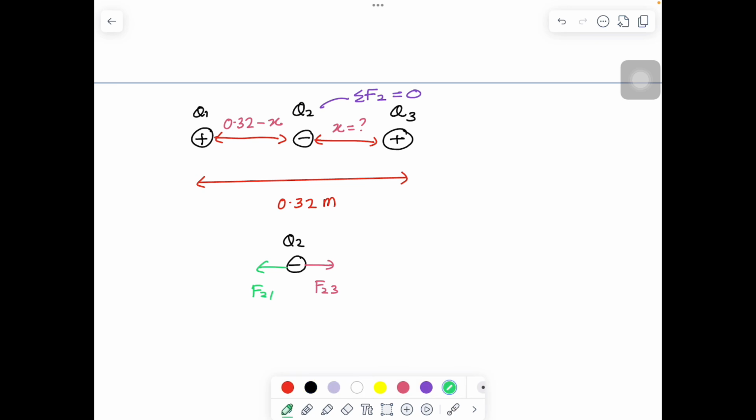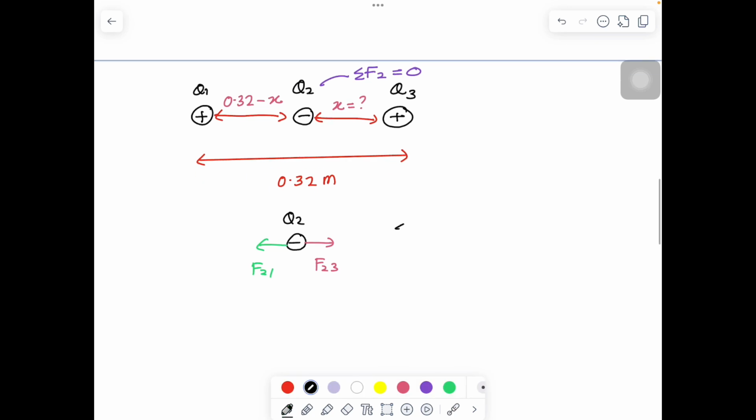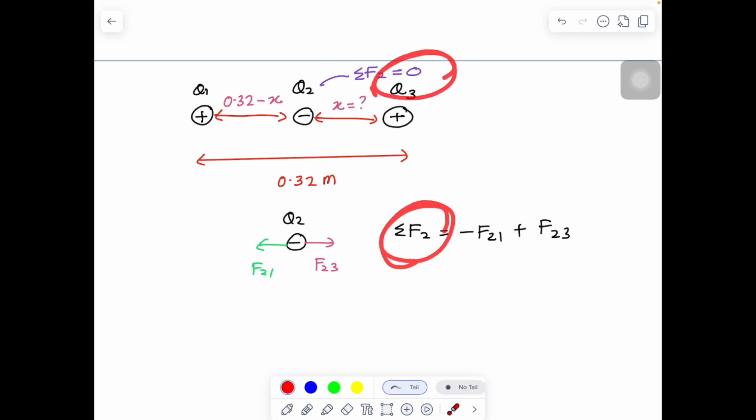Okay, so lepas lukis sama macam tadi, kita perlu keluarkan equation F2, which is F21 tambah dengan F23. So masukkan sekali direction. It will be negative F21 since F21 is to the left, plus F23 to the right. So sum of F2 kita sudah tahu, which is 0.